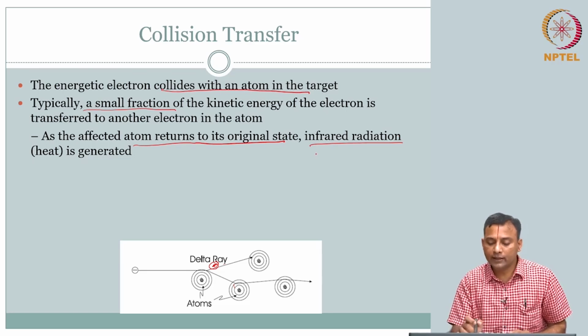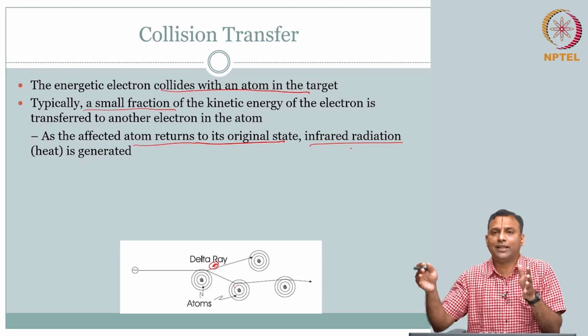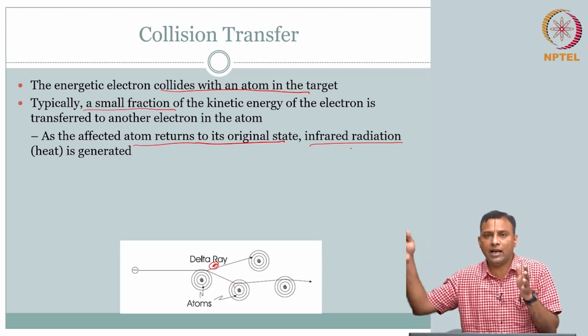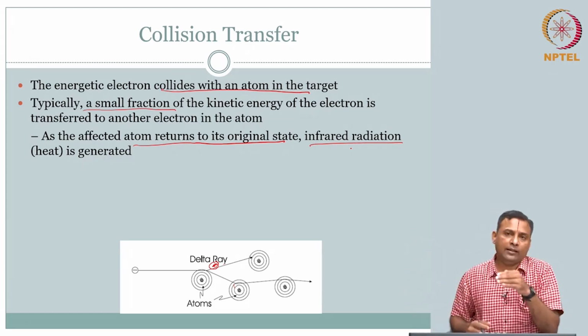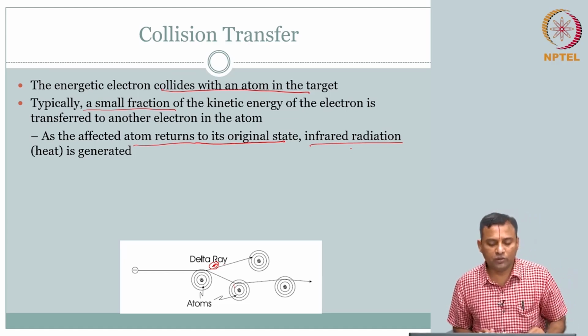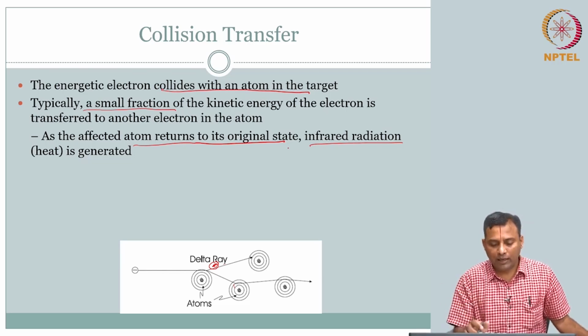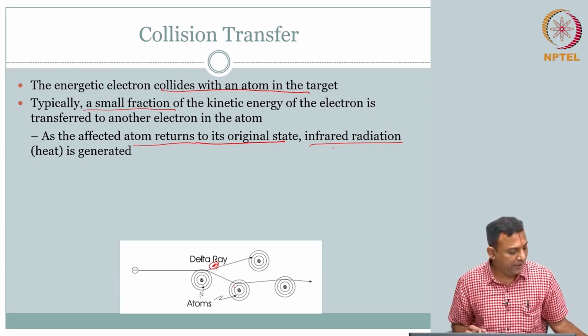You will notice that in the infrared spectrum, the energy is less compared to X-ray, soft X-ray, hard X-ray, gamma rays. On the lower side you had microwave, RF and so on. So, the energy that is coming out happens to be in the infrared range. So, heat is generated.